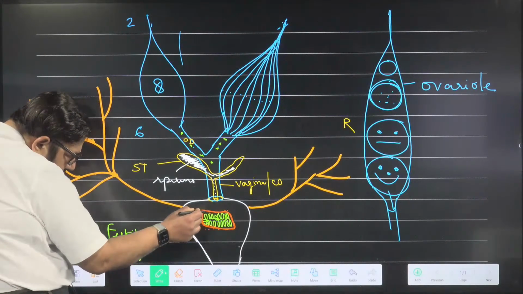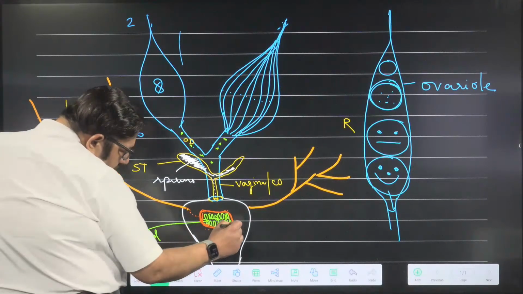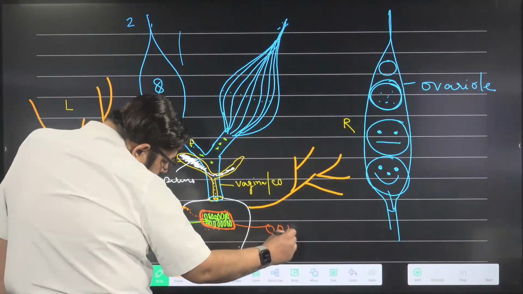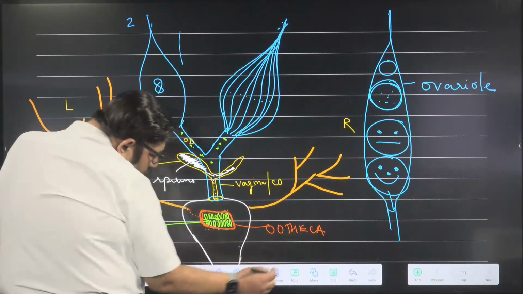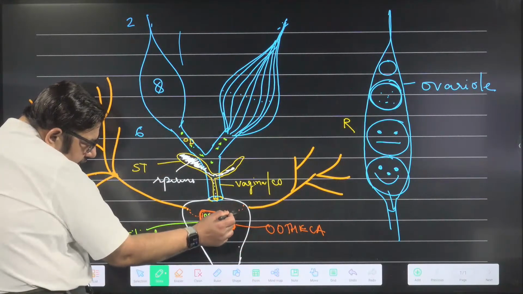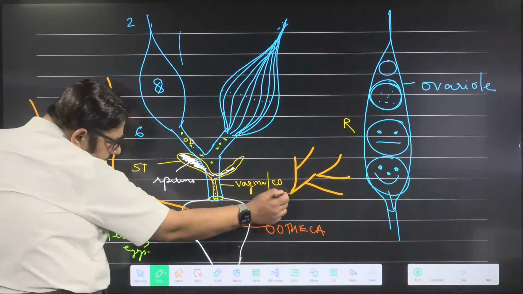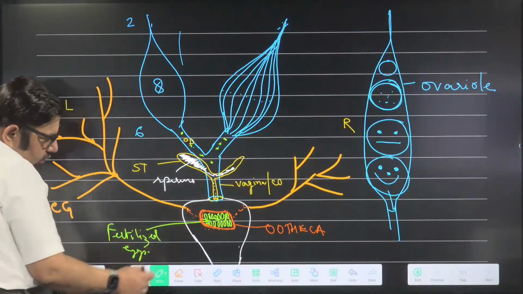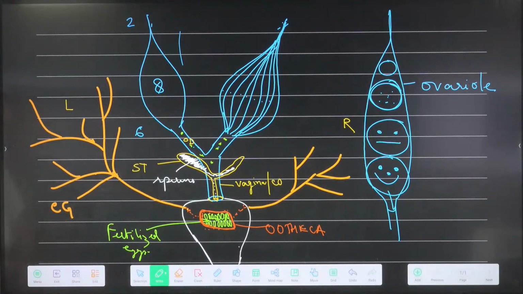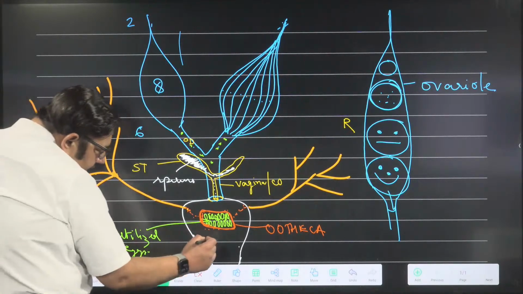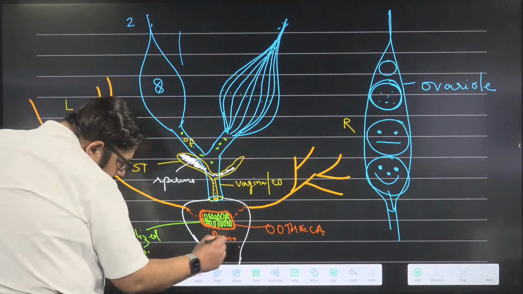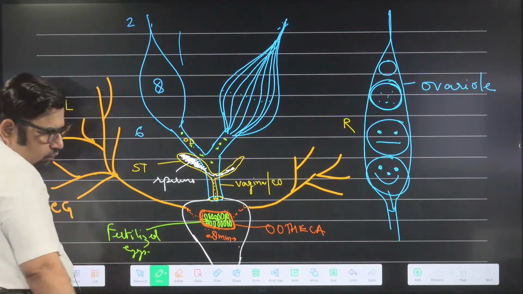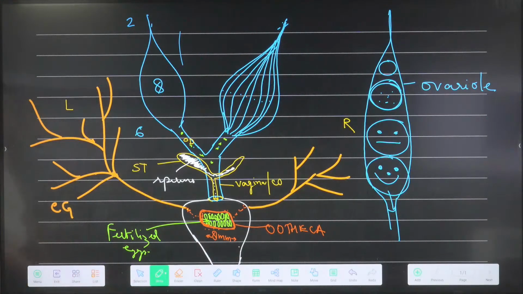This structure is called the egg box, also called the ootheca. Whose secretion has made the ootheca? Collateral glands. This question will come. So the collateral gland secretion is going to make the ootheca. The length of this ootheca is 8 millimeters.